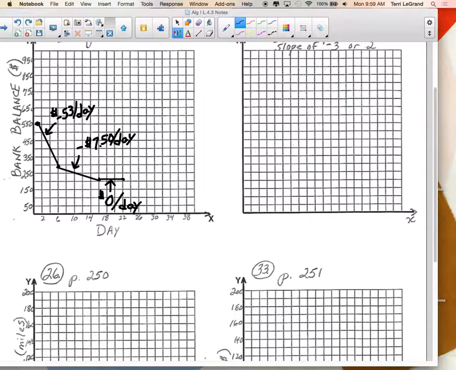And we should have one last point to graph, 30, 175. And we would draw our line segment and label that one's rate. $4.37.5 per day.